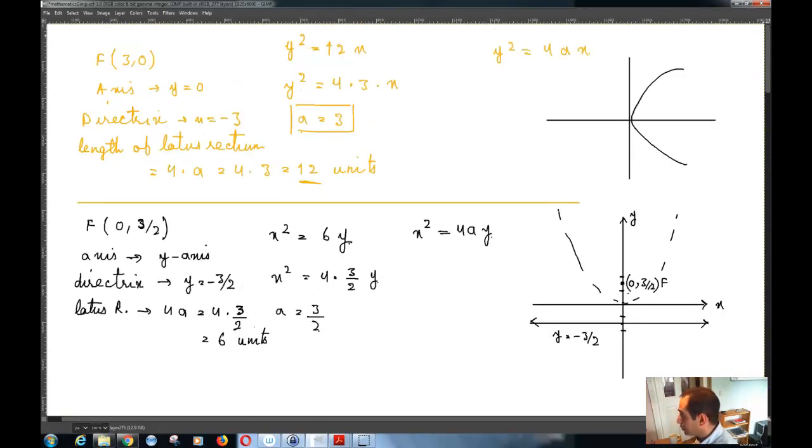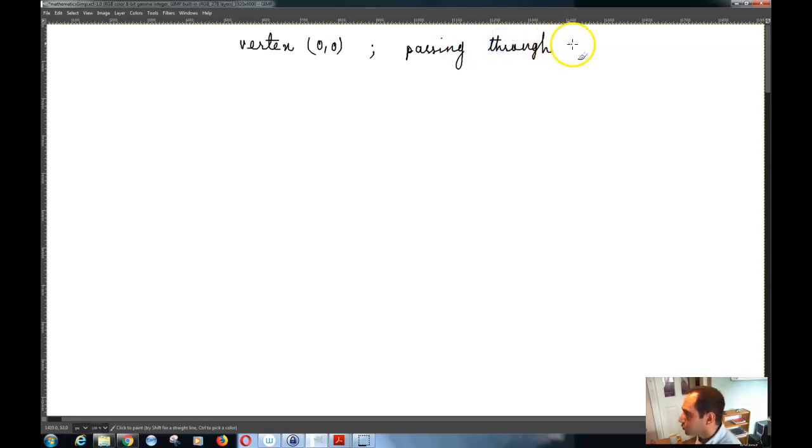And the next one is number 11. The vertex is at 0, 0, and passing through 2, 3, and axis along the x-axis.